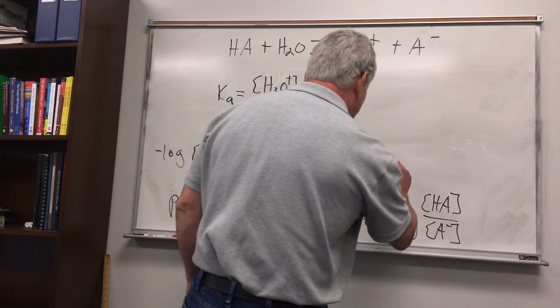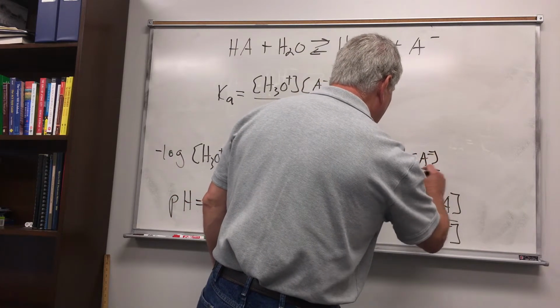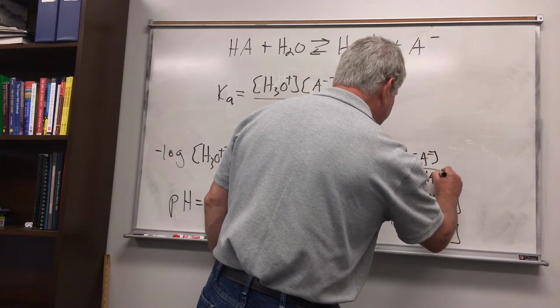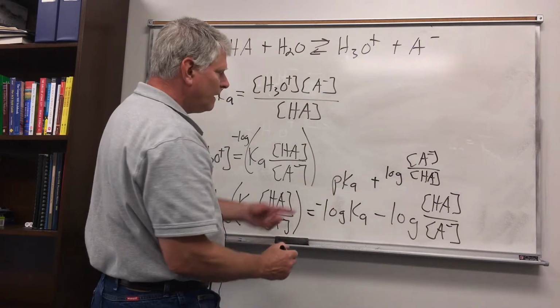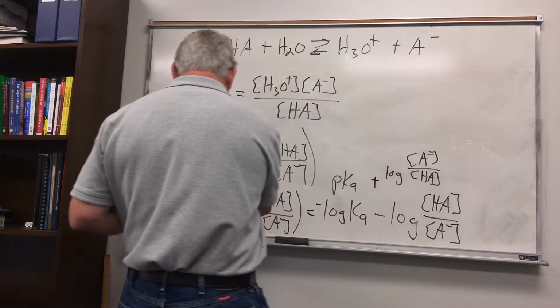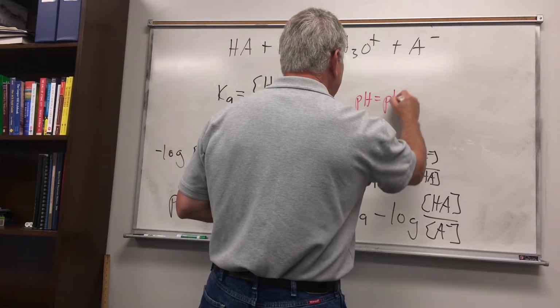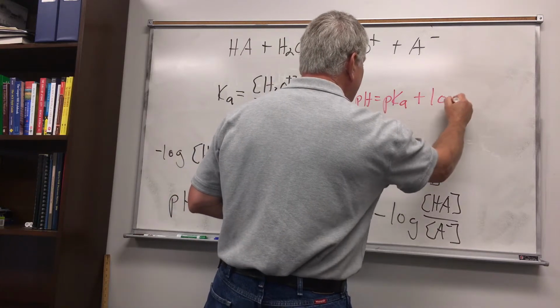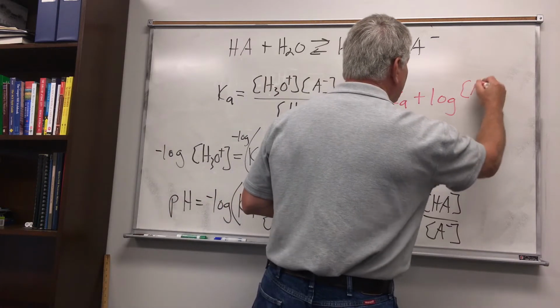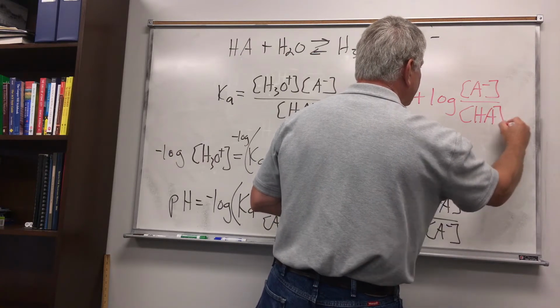So this would be plus log of A minus over HA. So now I have my final equation: pH equals pKa plus the log of A minus over HA.